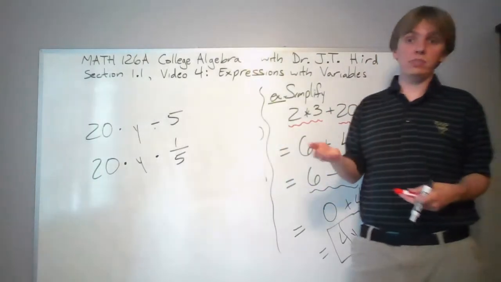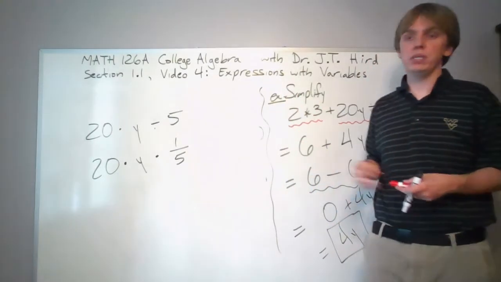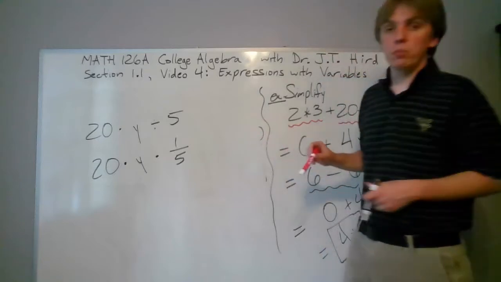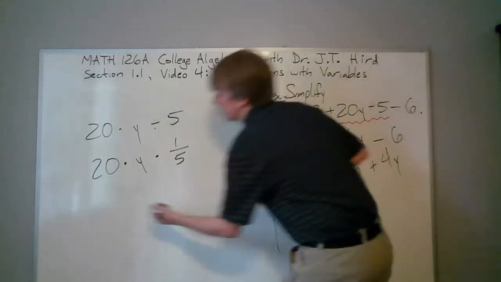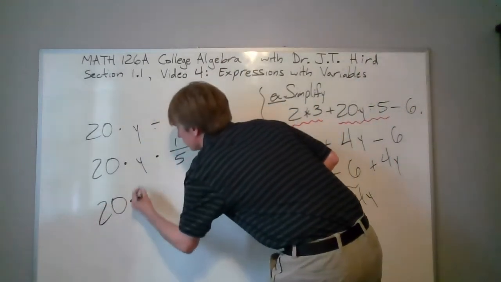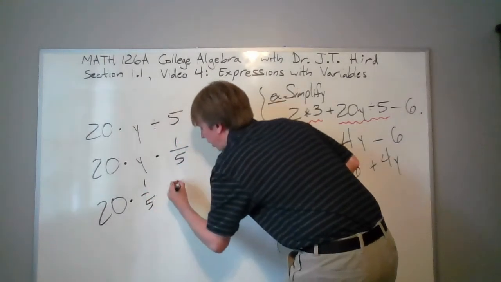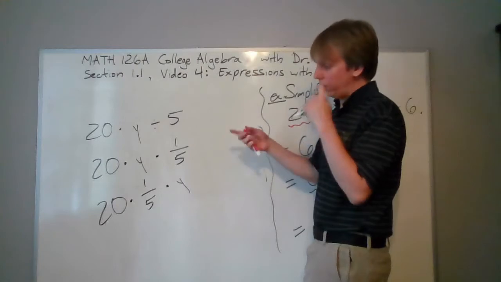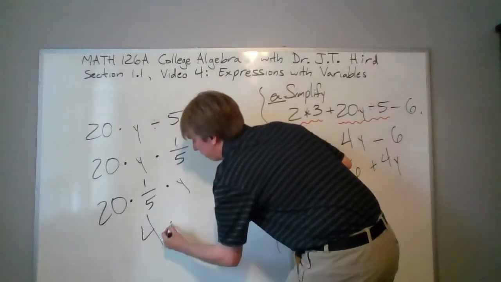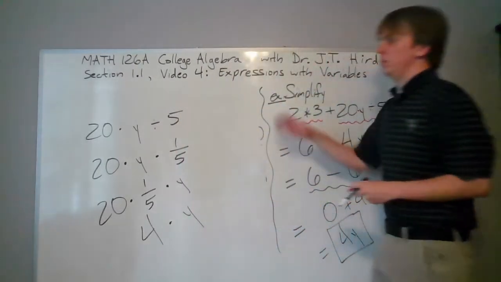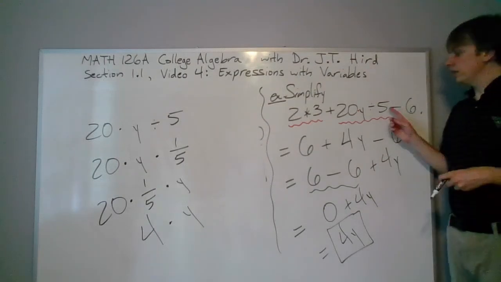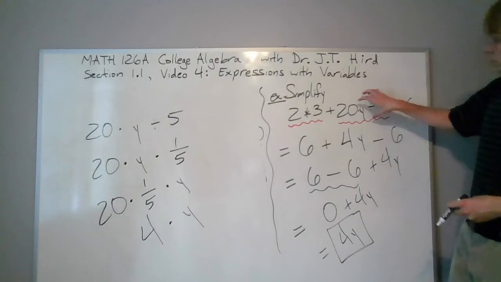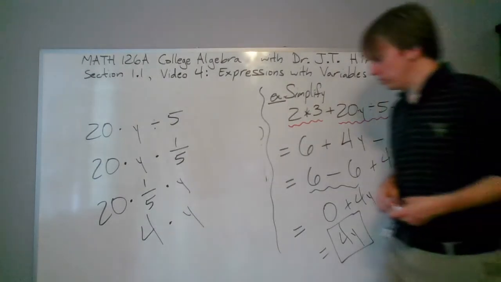Dividing a pizza into 5 is the same as taking 1/5 of the pizza. Now everything is being multiplied, so I can shuffle the order and say this is 20 times 1/5 times y, and 20 times 1/5, 20 divided by 5, would be 4. So that's maybe a better argument for why this thing turns into a 4y. Okay, this middle expression, the 6's end up canceling for a different reason.